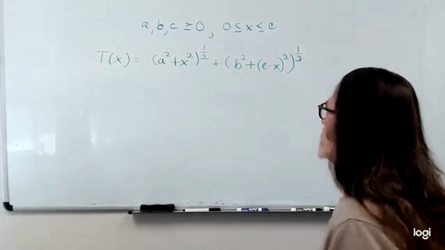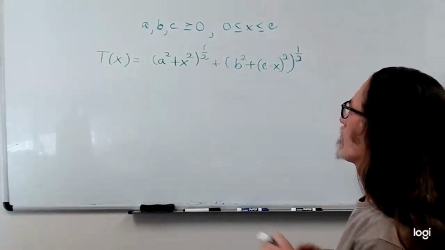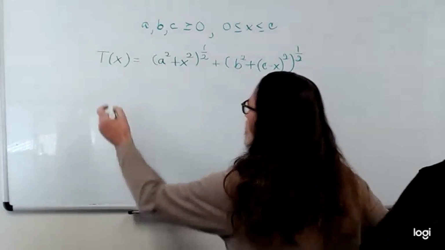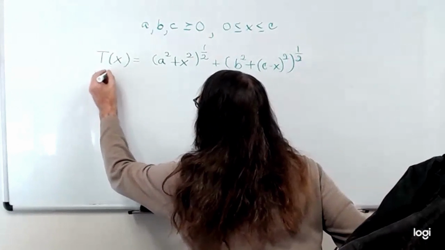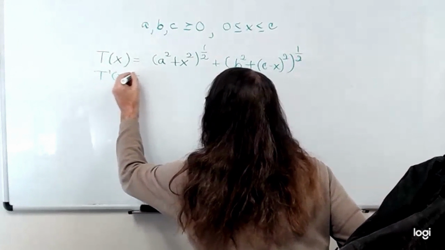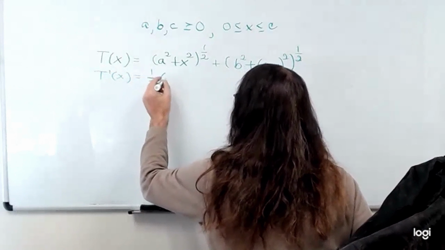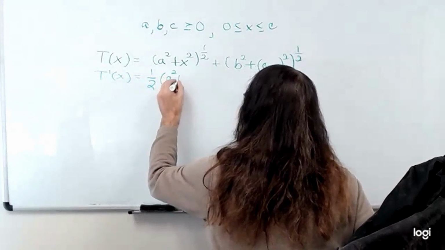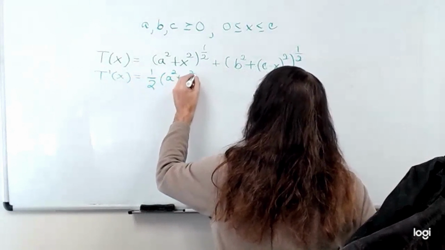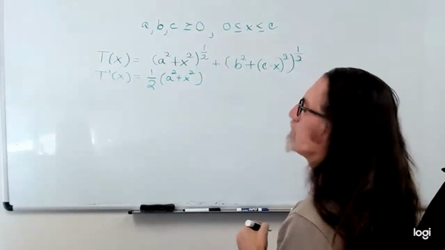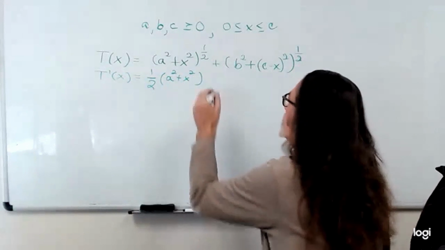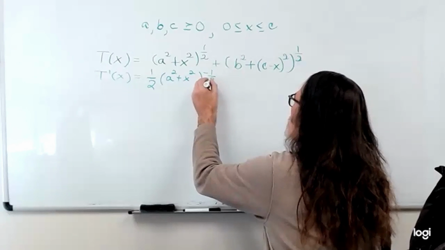So here we go. Power rule, bring out the 1/2 in front. I still have what was inside, now raised to a power that is 1 less than the original exponent.